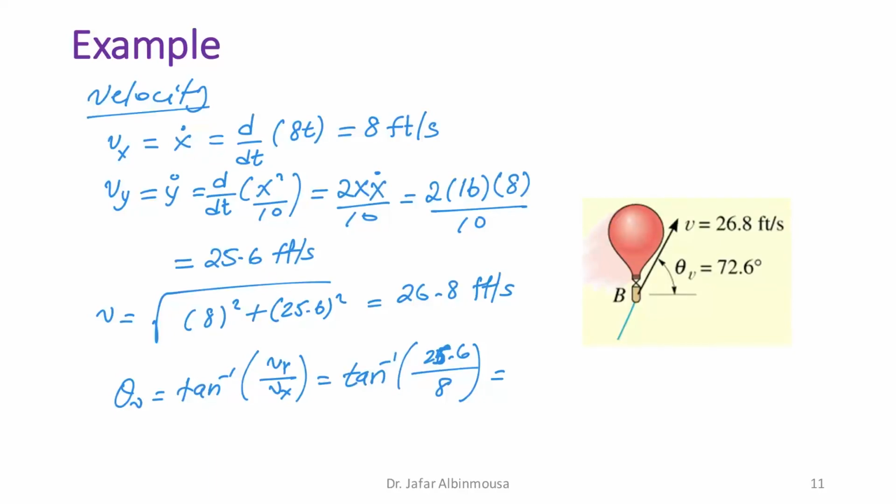And this is going to be 72.6. The 72.6 degrees is already represented here. So from the x-axis, you measure an angle of 72.6 degrees, and this is the velocity vector. Clearly here the velocity vector is going to be tangent to the path.